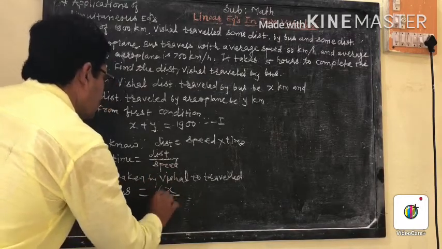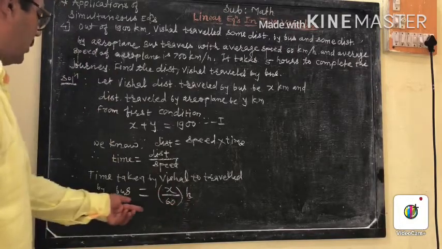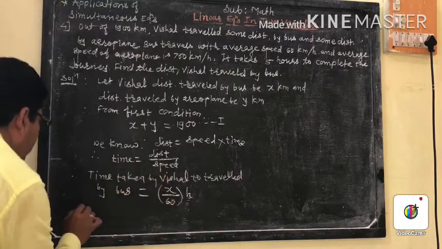So x upon 60 hours is the time required to travel x kilometer by bus.